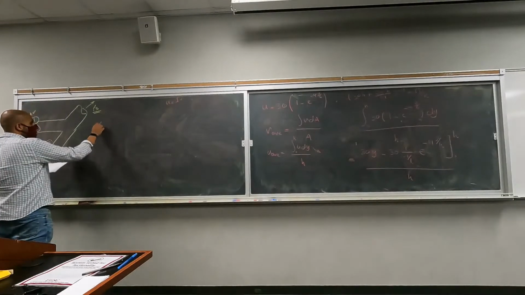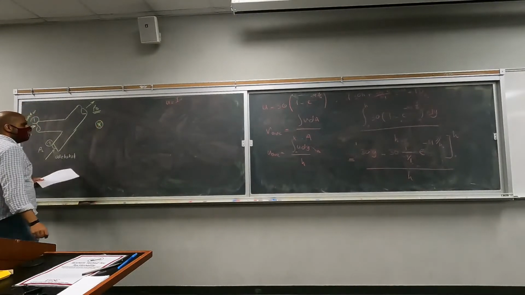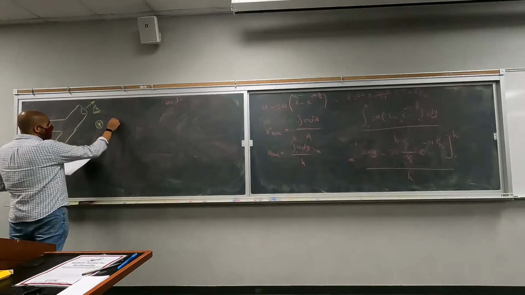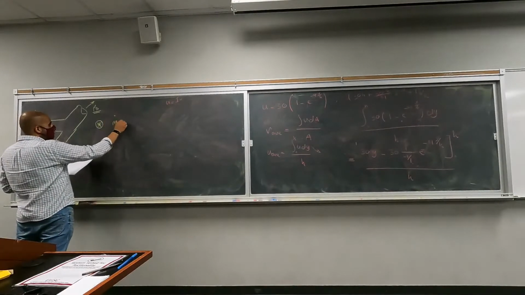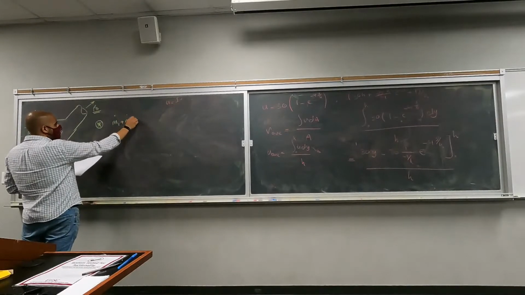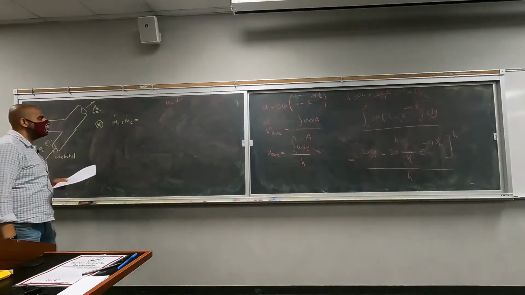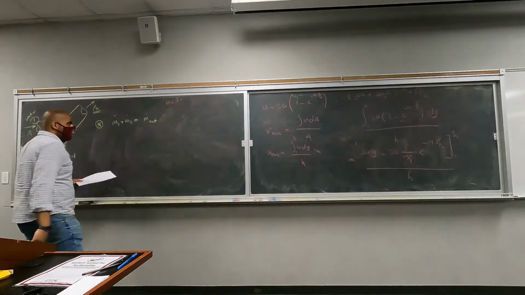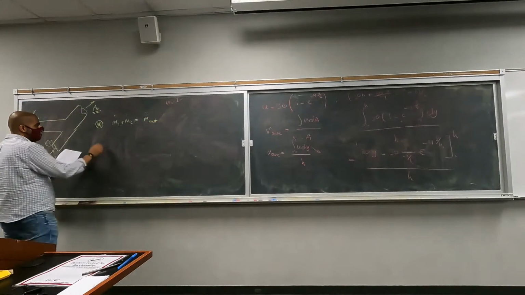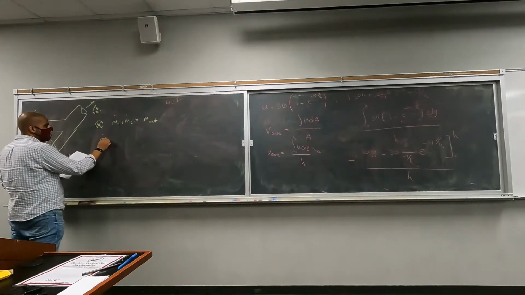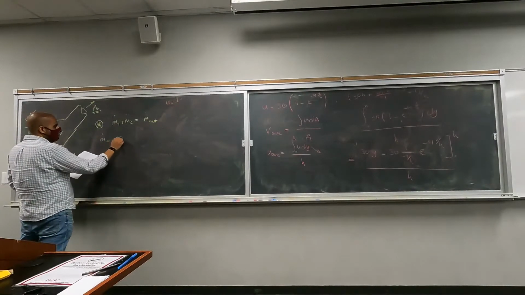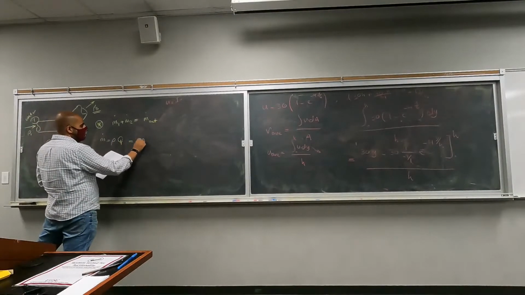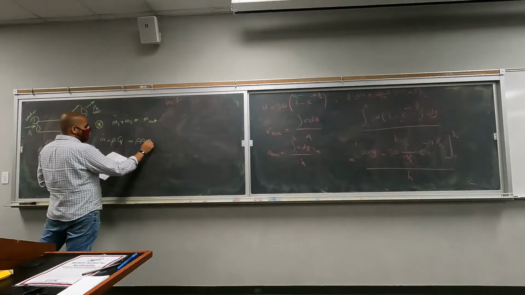The first thing you need to write down is the conservation of mass. So m dot 1 plus m dot 2, which are m in, is equal to m dot out. How do we calculate m dot? M dot is equal to density multiplied by your flow rate, or density multiplied by an average velocity.